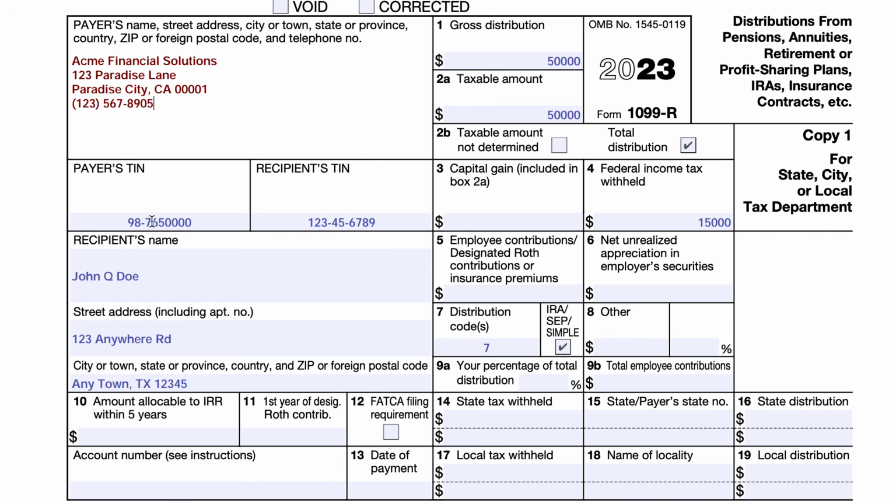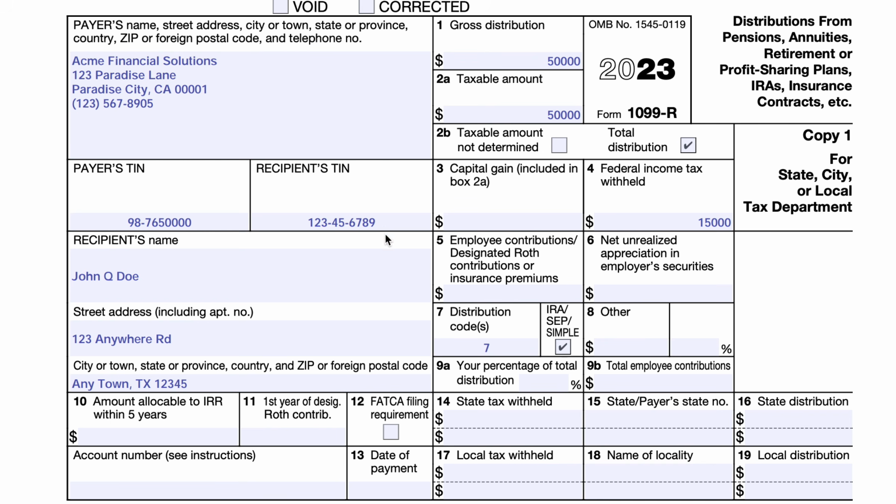So it can be a financial institution, an employer, a plan administrator, insurance company, things of that nature. Just to the right of this, we have the recipient's taxpayer identification number, usually Social Security number. And then just below that, we have our recipient, John Q. Doe. He and his address and information are just below.